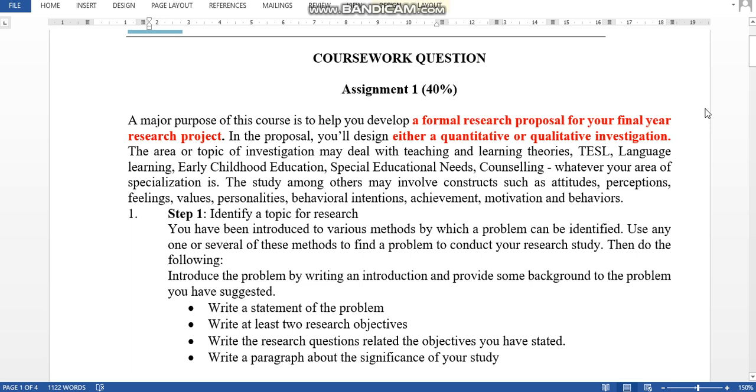Very good morning. Today I'm taking this opportunity to convey some important things regarding assignment 1 and assignment 2. Unfortunately, we are not in a real face-to-face environment.